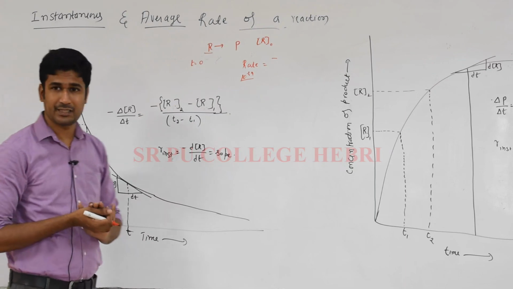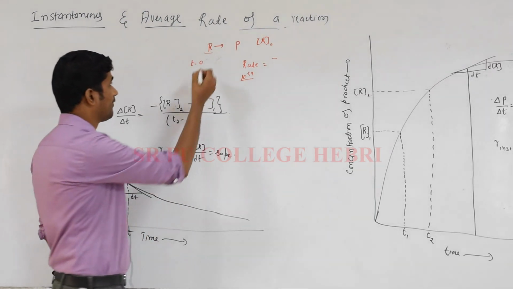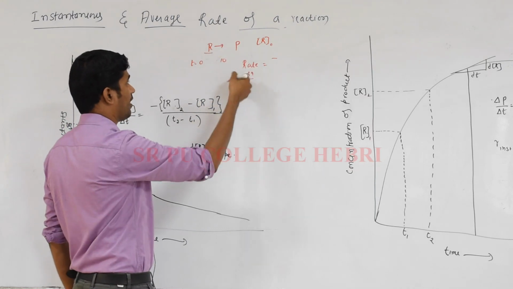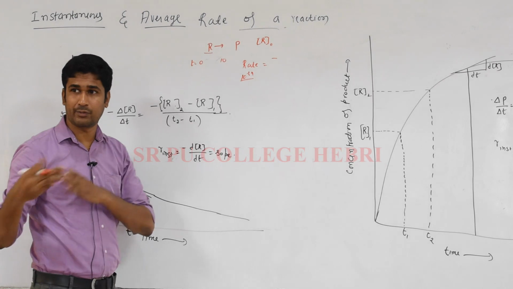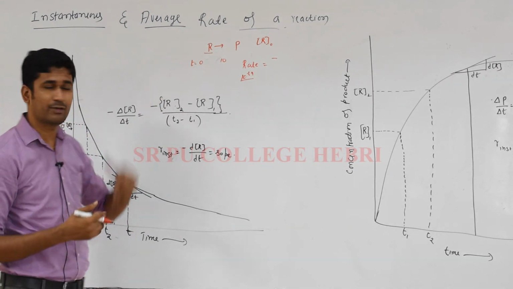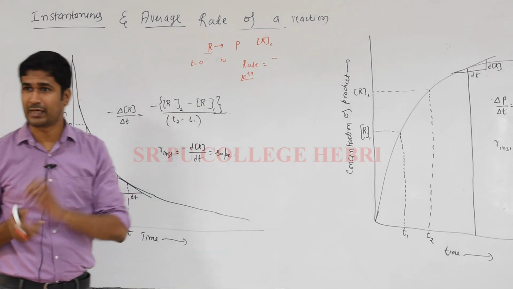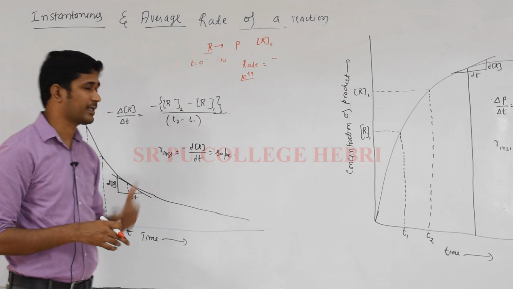Average means the rate of reaction between two time intervals. For example, from 0 second to 10 seconds, or 0 to 1 minute, 0 to 10 minutes, 0 to 20 minutes, or 1 to 10 minutes, 2 to 5 minutes. If you measure the rate between two time intervals, it becomes the average rate.